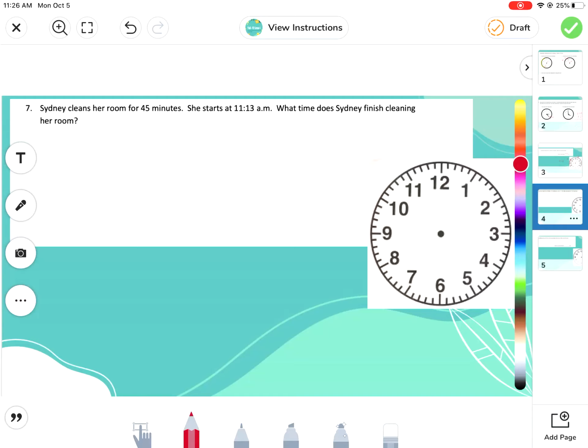Sydney cleans her room for 45 minutes. She starts at 11:13. What time does Sydney finish cleaning her room? So let me mark down my starting time first. It's going to be 11:13, and it's somewhere here, and I have to go 45 minutes.